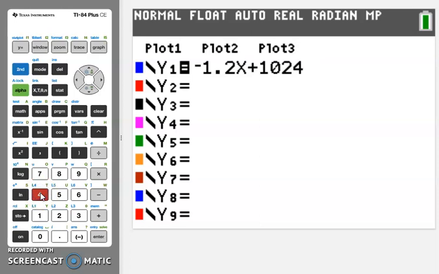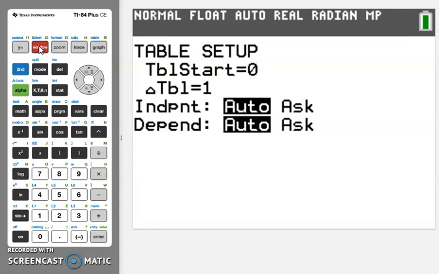After you've typed the function into the grapher, let's adjust the table setup. Type second window. Here we're going to start at 100 because that was the first number in the table. Delta table is what we count by, so we're going to count by 100 because the numbers in the table are 100 units apart.